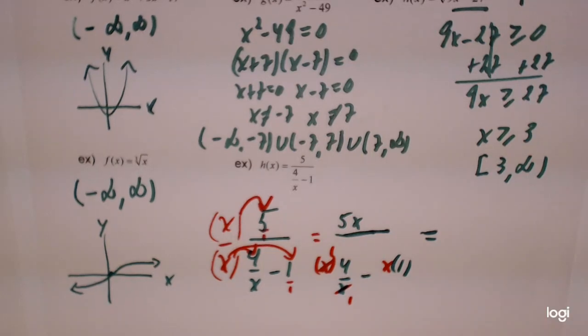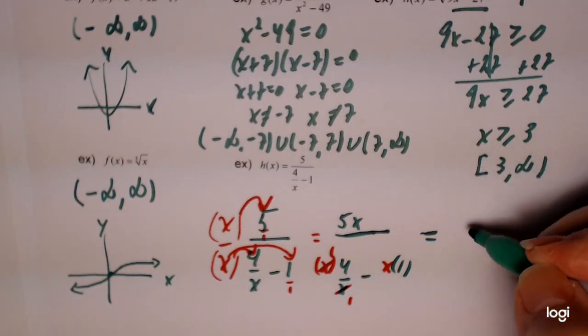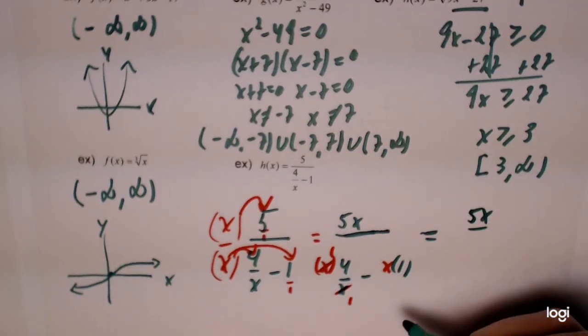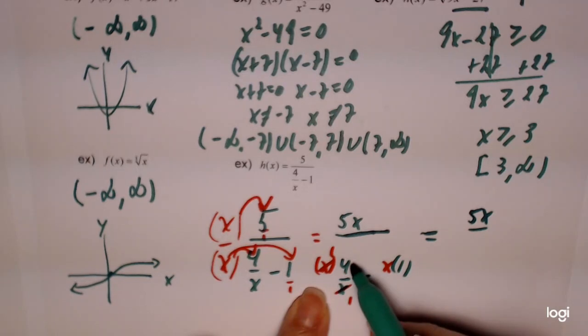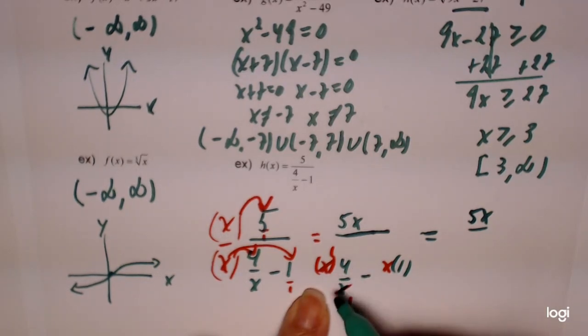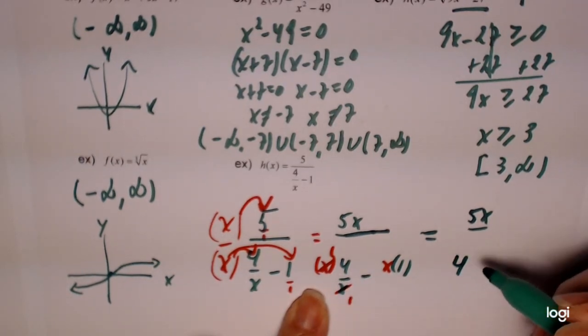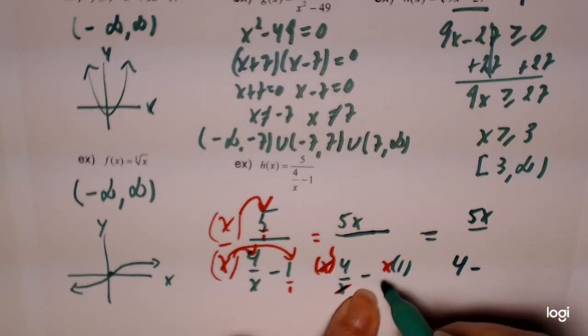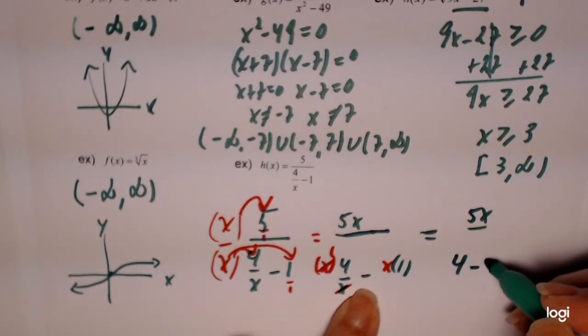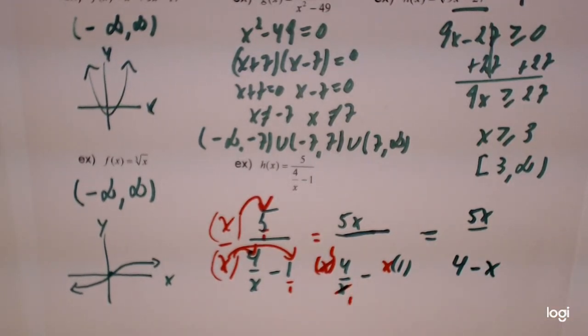We're still going to have a denominator, but we don't want another fraction in that denominator. So 5x. So now here, multiplying 4 over x by x, the x's cancel, and we just have the 4. And now x times 1 is the x. So we still have a fraction, but now we don't have a fraction within a fraction.